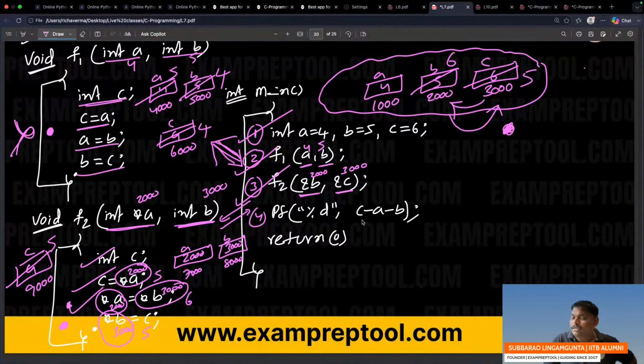Okay. Now see the fourth line. Printf %d c minus a minus b. Maybe here you may make a small mistake. I don't know. Let's check. So remember everyone, two minus signs. For a purpose, two minus signs are fighting. The left minus says come a with me. The right minus says a come with me. If the right one wins, a minus b will be done first.